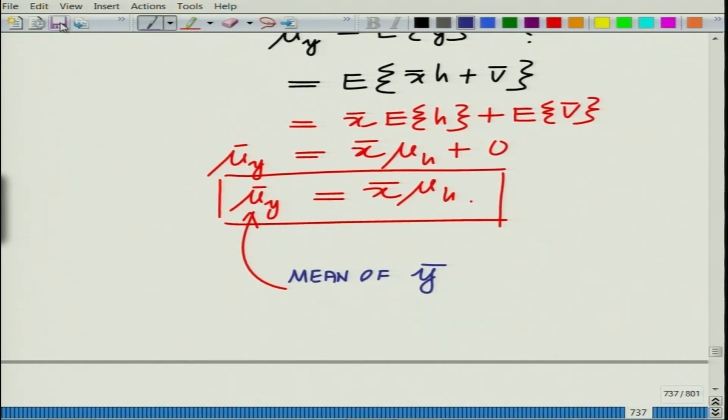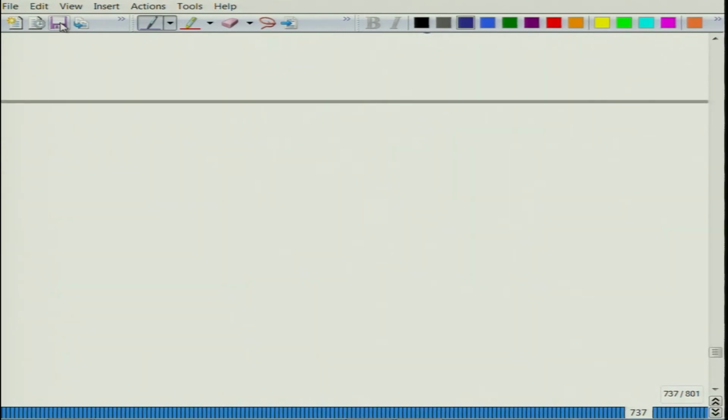Okay. Now, remember the other thing that we need is R y, which is the covariance matrix of the observation vector y bar, that is the expected value of y bar minus mu y bar times y bar minus mu y bar transpose, right.